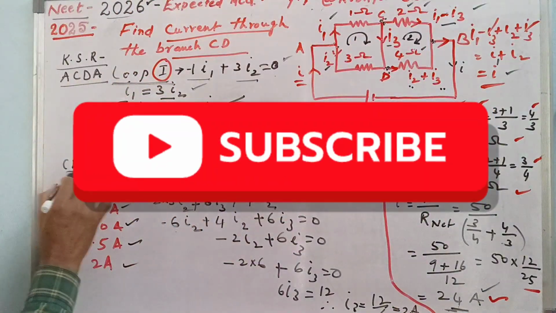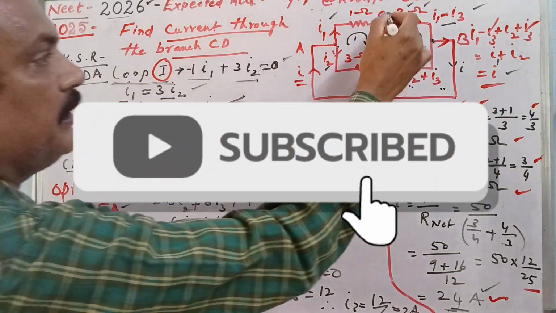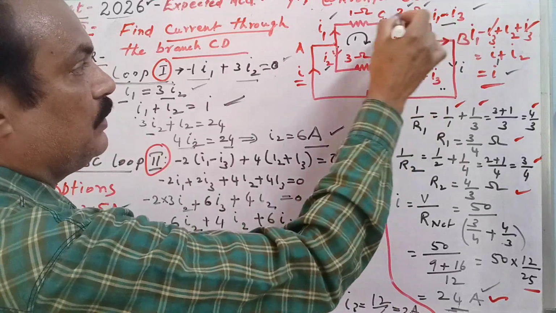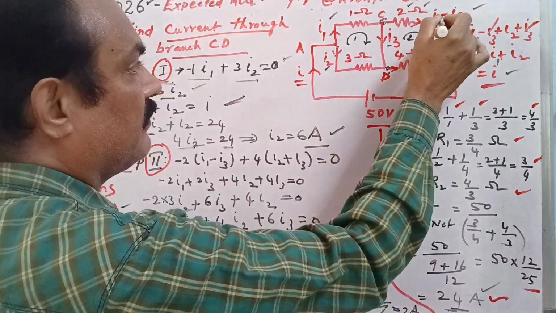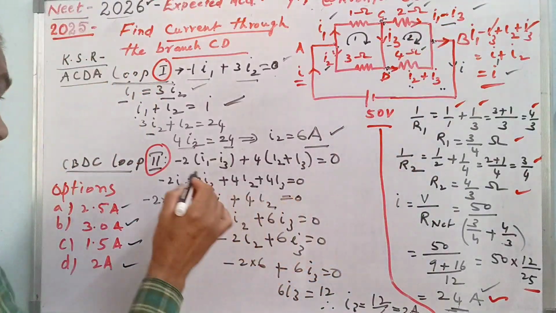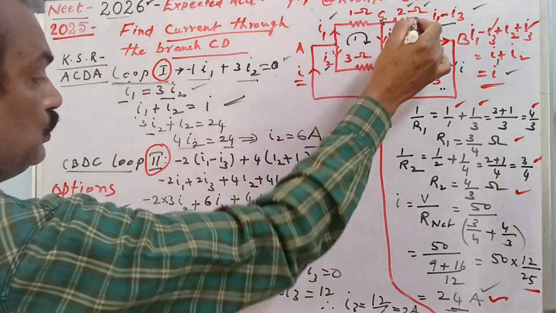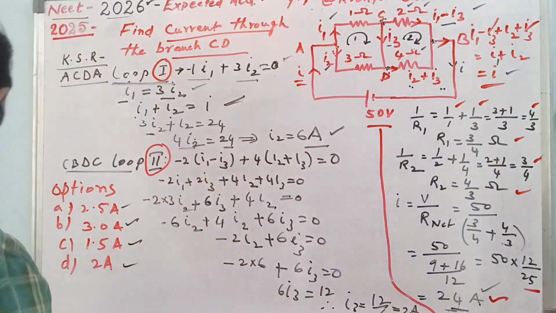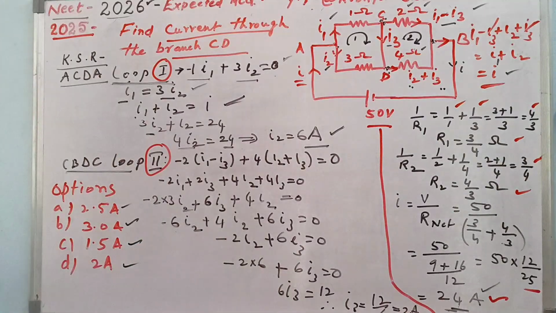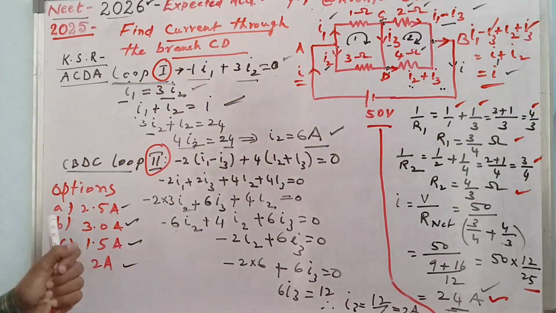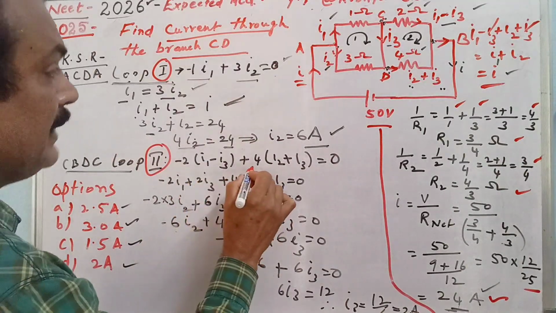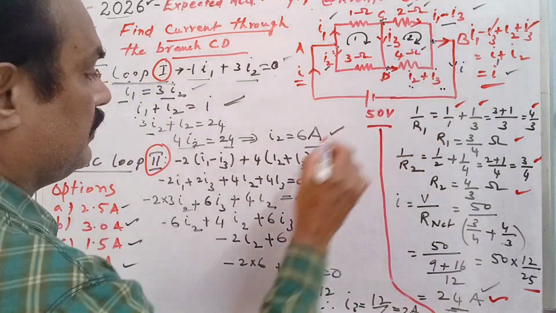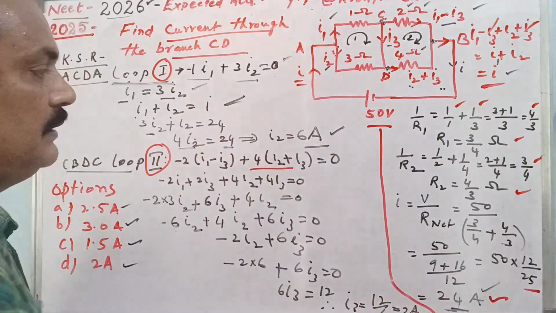This is the loop. Applying it, C to B, you are going in the direction of current. In the direction of current it will become minus 2, and the current is I1 minus I3, right? I think it is clear. Then against the current you are coming, plus sign, is equal to 0.